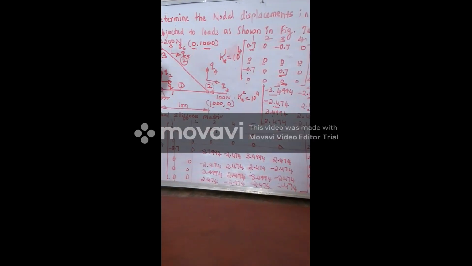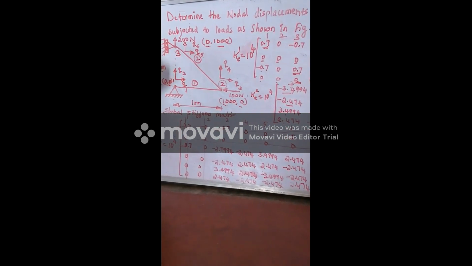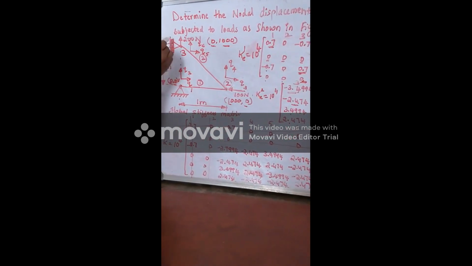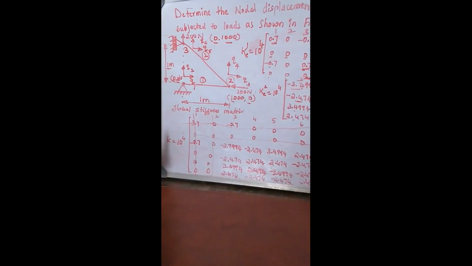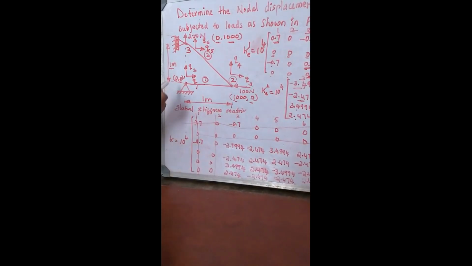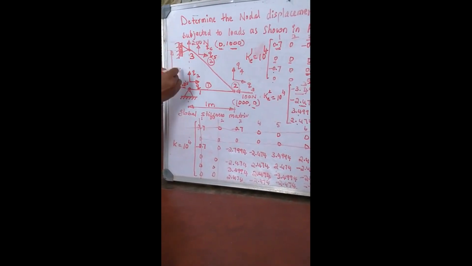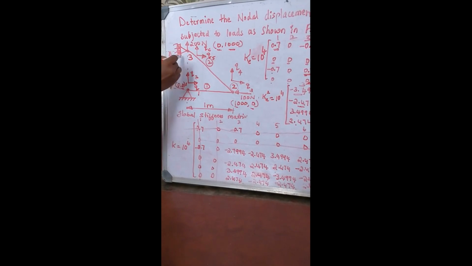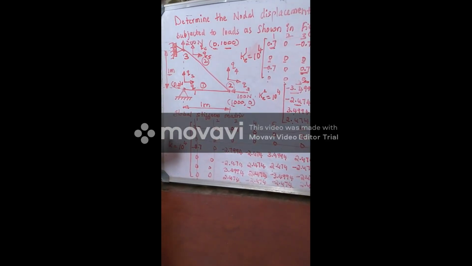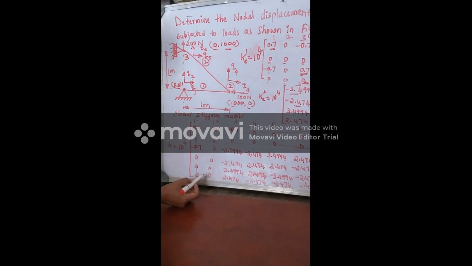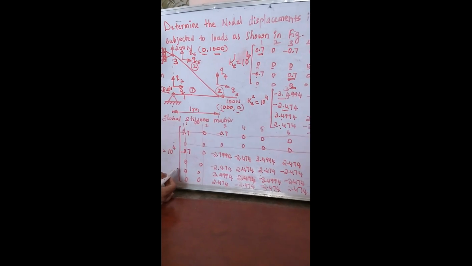And when it comes to node 3, see it is fixed in x, the roller is given in y direction and x displacement is fixed, so that means it is free to move in y direction, whereas this x displacement is fixed. So I'll delete this particular value.